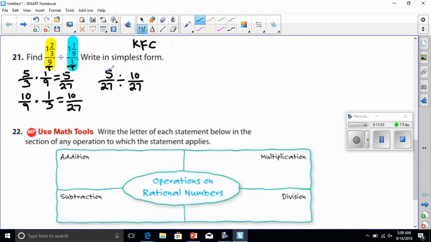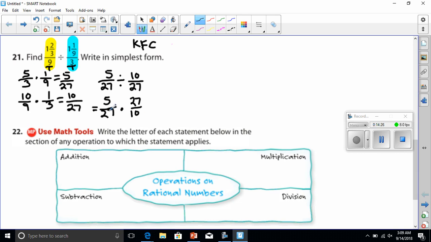We're going to keep the first fraction the same, so that's going to turn into 5 over 27. We're going to flip the second one, so it's going to be 27 over 10. And now we're going to multiply instead of divide.